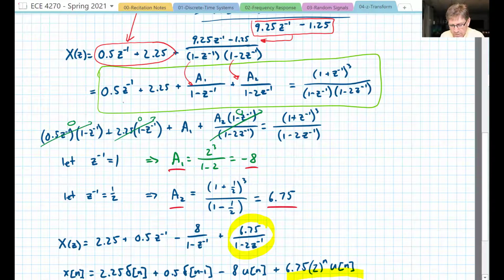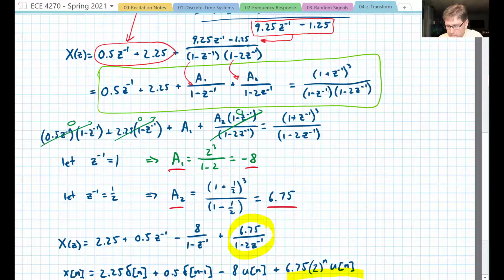So that wipes out the two terms out front, and it wipes out the a2 term. The a1 term is left alone, and so we get a1 is equal to the whole function evaluated at that point.